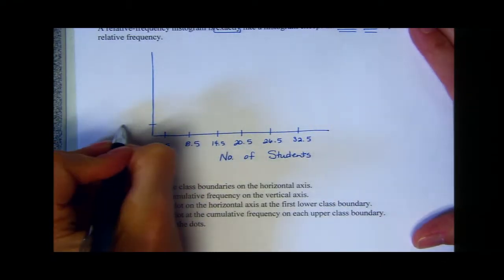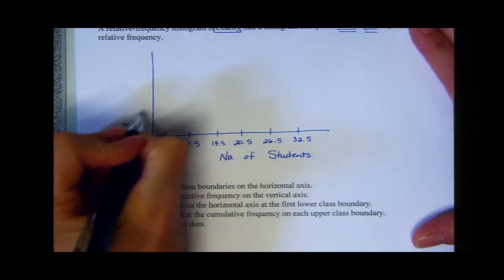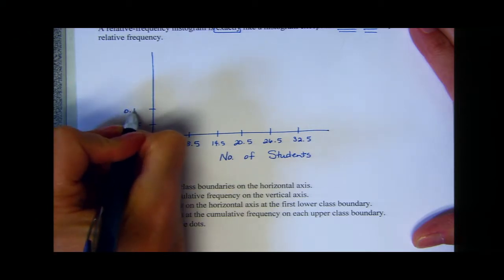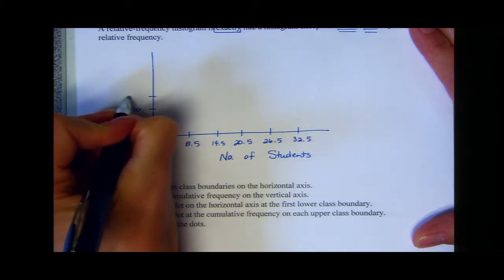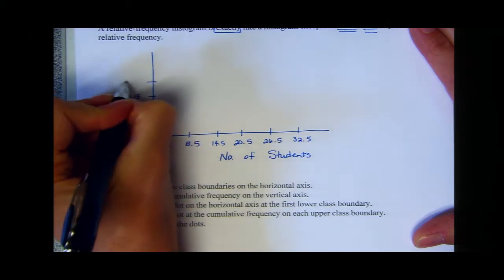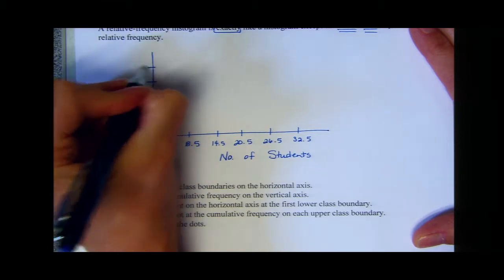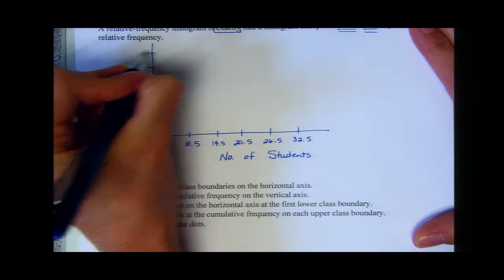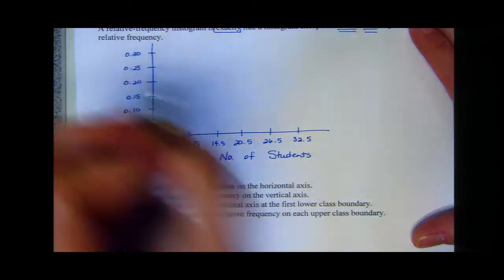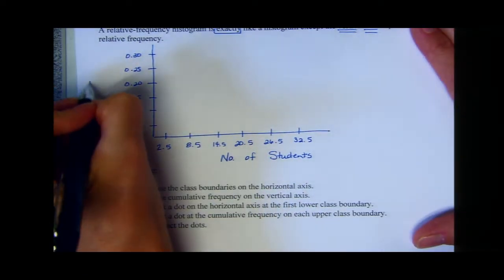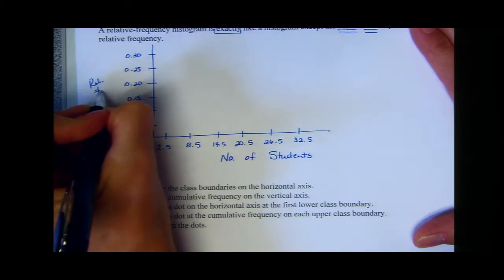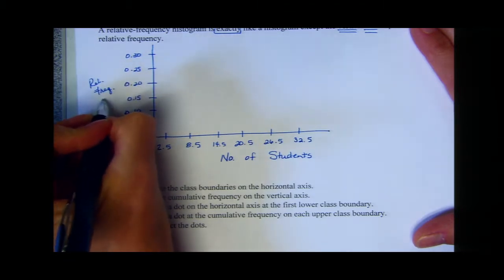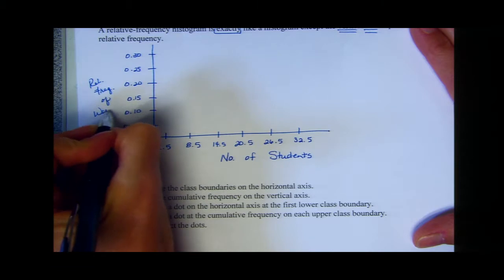So I might go 0.05, 0.10, 0.15, 0.20, 0.25, 0.30. And this is relative frequency of your weeks.